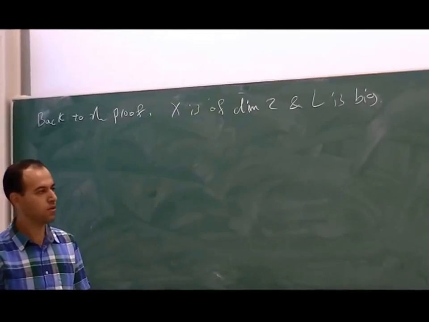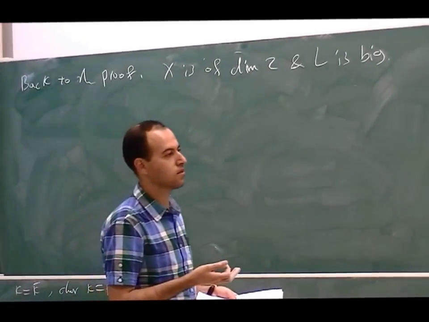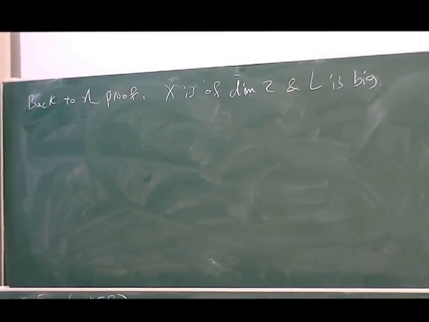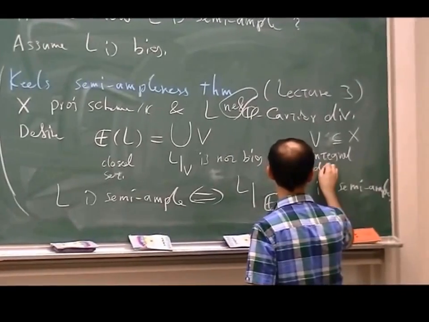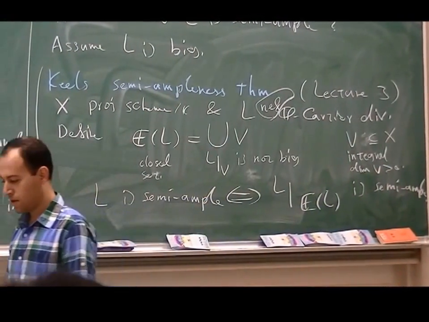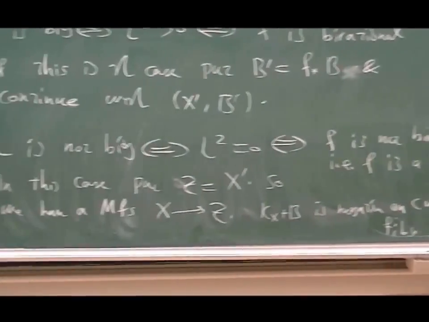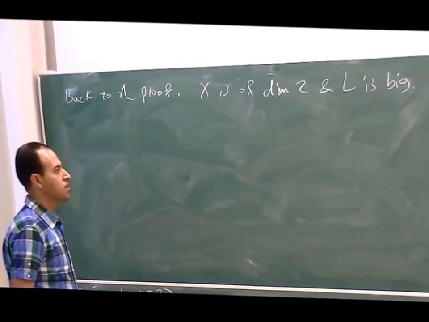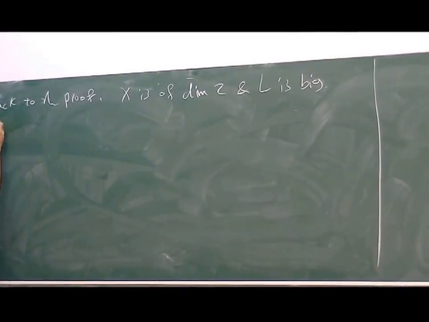But actually, if you look at the definition, it rules out points. We should only be considering curves. Of course, this depends on convention, but if you have a divisor on a point, you could say by convention that this is already big. So you can exclude all points. So in other words, here we have just a finite set of curves.